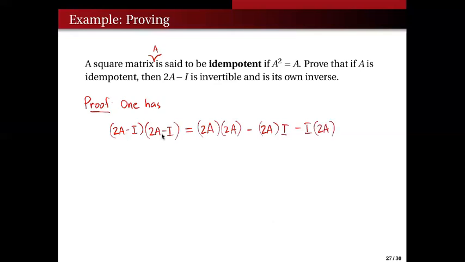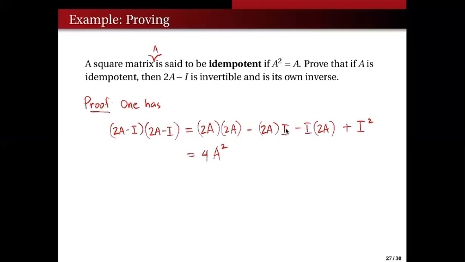And then in here you have minus I times minus I, so we will have here plus I squared. And like I said, this scalar can go anywhere, so we can just multiply this scalar with this scalar. So we will get 4, and then A times A, that's A squared.